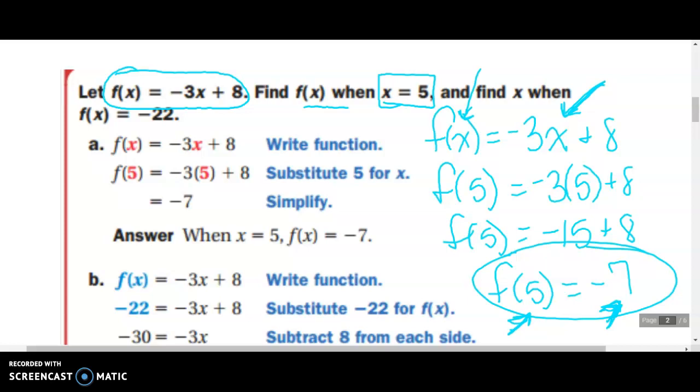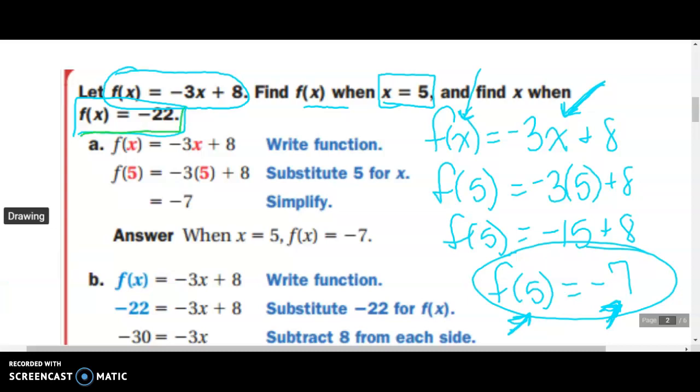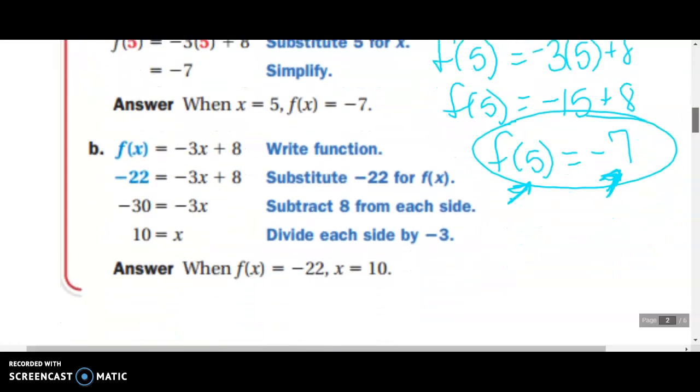Then they ask you to replace f of x with negative 22. Now you notice we're not replacing the x here, we are replacing the f of x. Essentially, they're asking you to replace the y. So here, instead of replacing the x with 22, we're going to replace the f of x with negative 22.